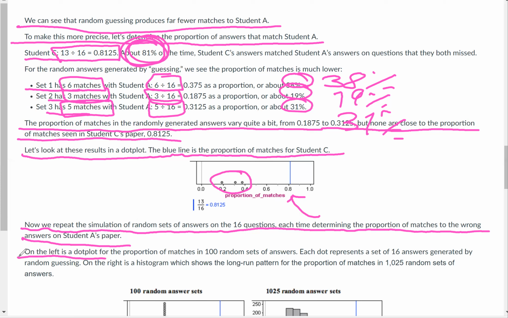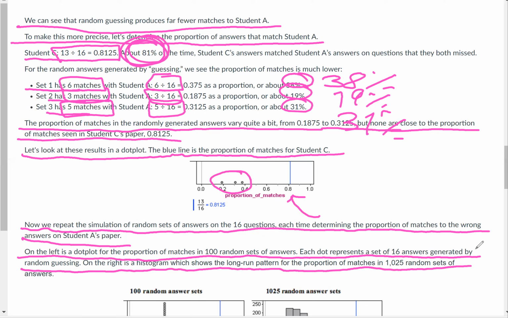On the left is the dot plot for the proportion of matches in 100 random sets of answers. Each dot represents a set of 16 answers generated by random guessing. On the right is a histogram which shows the long run pattern for the proportion of matches in 1,025 random sets of answers. So the table above only did it 3 times, but imagine if we did it 1,000 times. Let's look at what we got here.